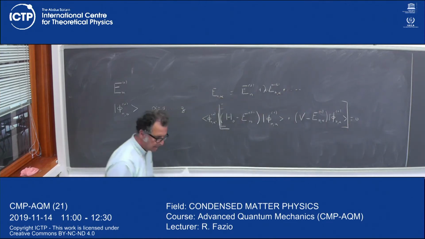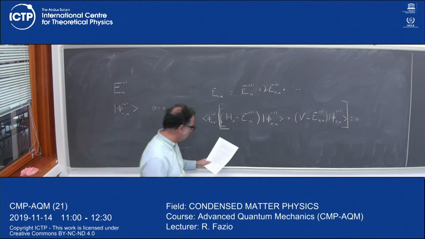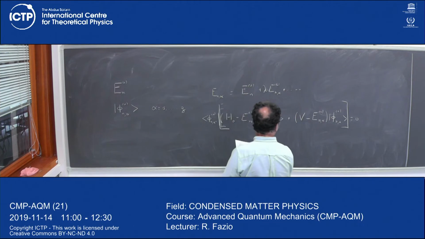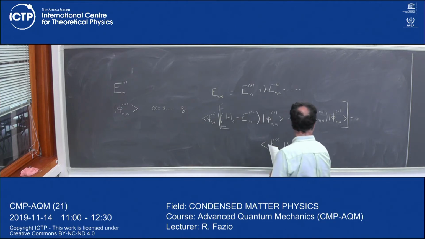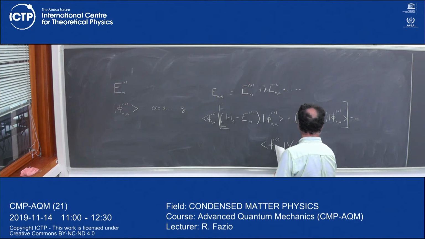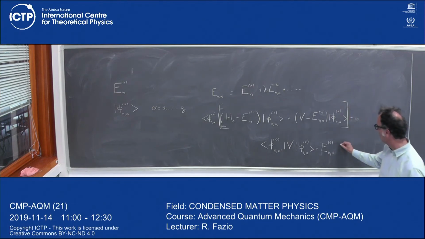You see this term is zero as before. But then what we get is phi 0 n alpha prime V phi 0 n alpha equal to E1 n alpha times delta alpha alpha prime.